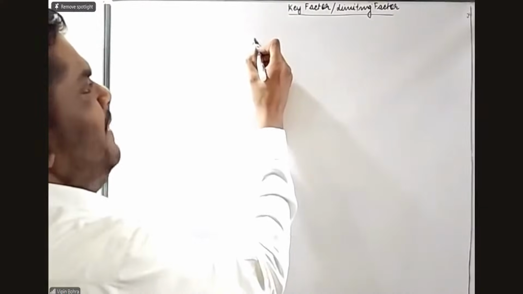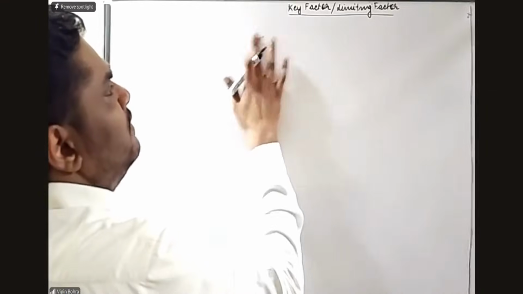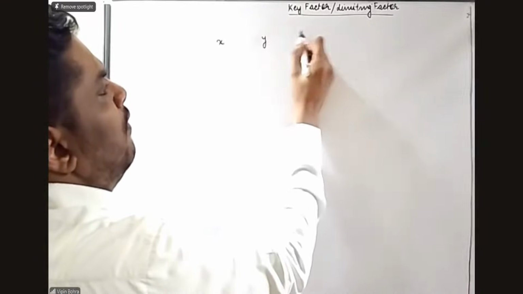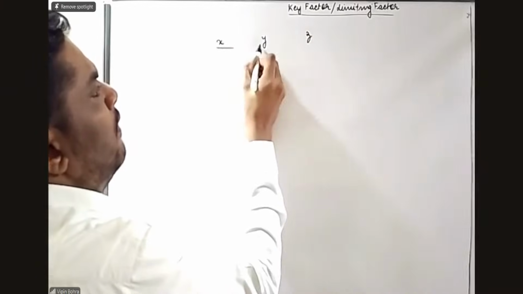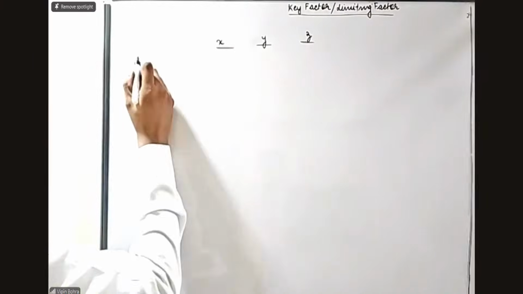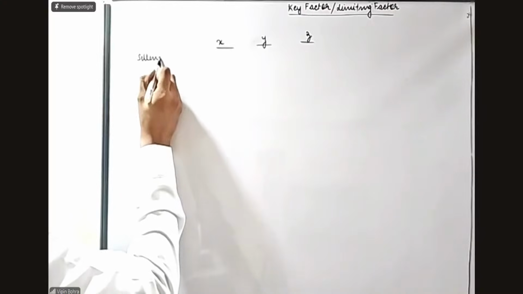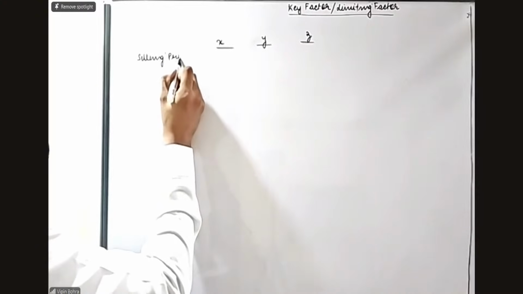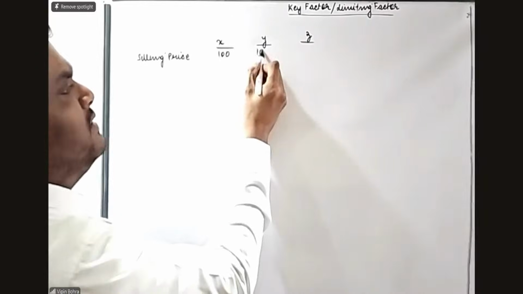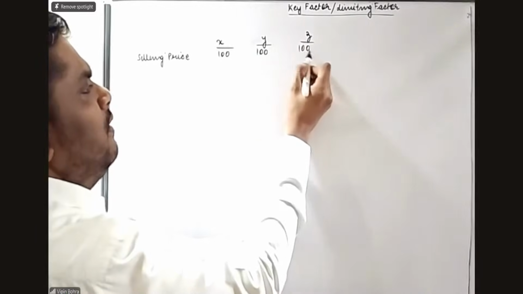So let's say I manufacture three types of products, X, Y, and Z. And let's say the selling price of all the three products is 100, 100, and 100.